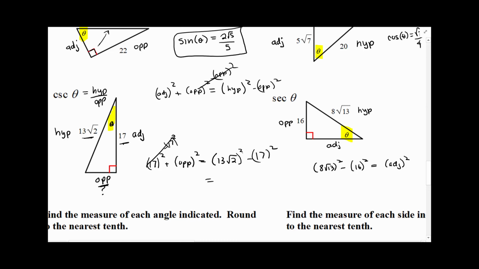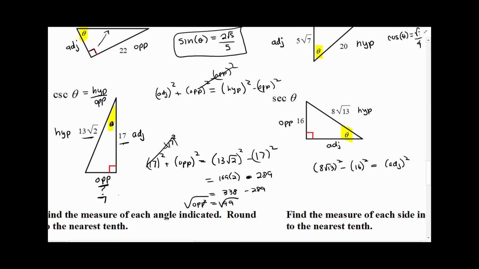So 13 squared is 169. Root 2 squared is 2. Well, 169 times 2 is 338. 17 squared is 289. When you subtract those, you get 49. Well, the opposite squared, we take the square root, and the opposite side is 7.